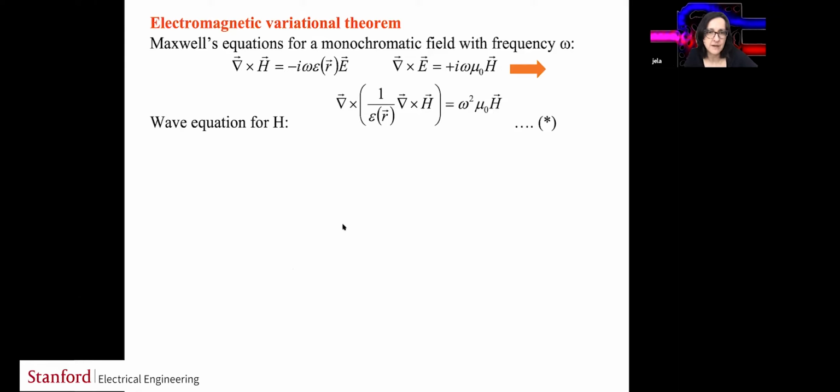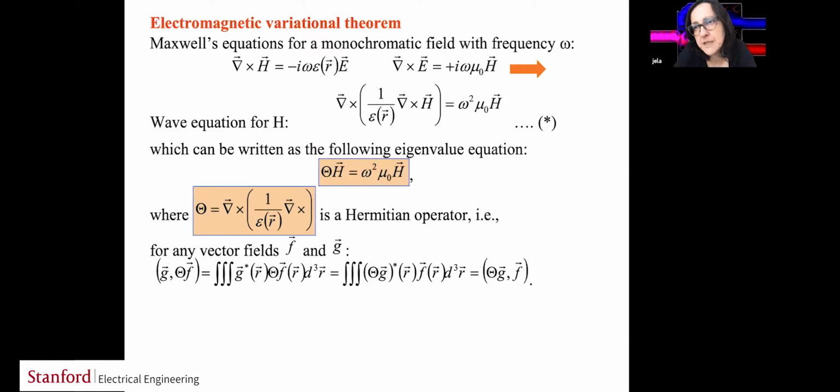Here, what is interesting is that you can show that this particular equation is Hermitian. I mean, if you express it as the eigenvalue equation for some operator, and you label that operator with theta, so theta H is omega squared mu naught H, right? So what's theta? Theta would be curl of 1 over epsilon curl, right? That operator is a Hermitian operator.